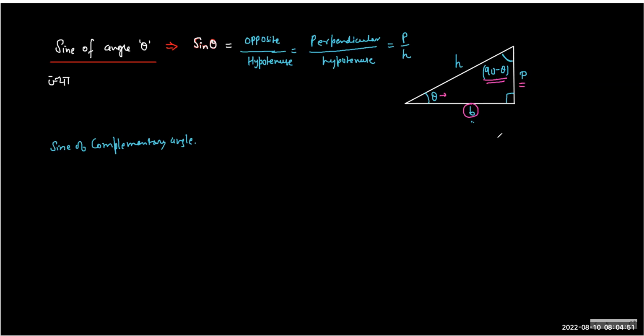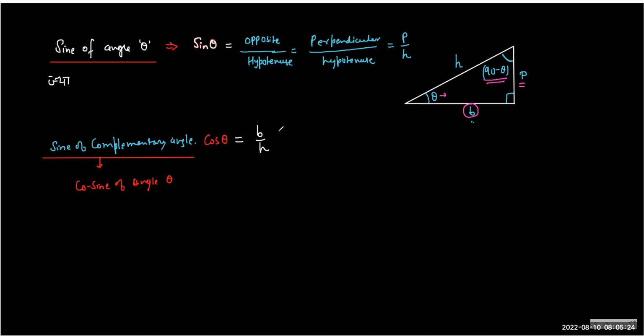So this entire terminology we converted into a nice short notation. Now what we call cos of theta, or cosine of theta, you can just put it the way you want, will definitely be B by H, because the perpendicular has changed.